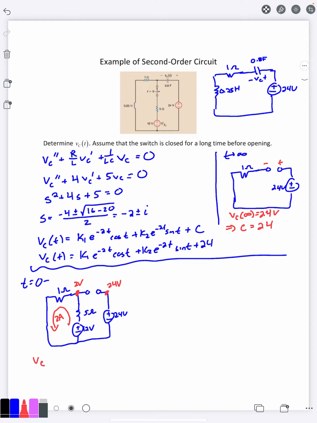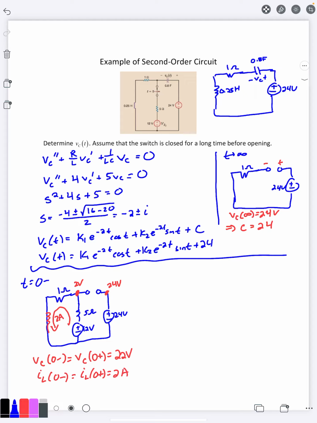So that means my VC of 0 minus, which because it's a voltage across a capacitor, is also my VC of 0 plus, is going to be the difference between those two. That's 22 volts. Now I can also say that my current through my inductor here, my IL of 0 minus, since my inductor is really right here on the left side, is the same as IL of 0 plus, and is going to be 2 amps.